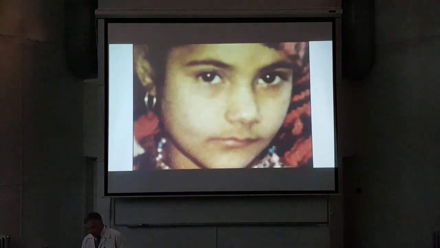What's the story of this girl? The story of this girl is she works in a factory, and you know Indian girls, they have long hair, and her hair was caught in a rotating machine. And rotating machine pulls whatever comes in its way.